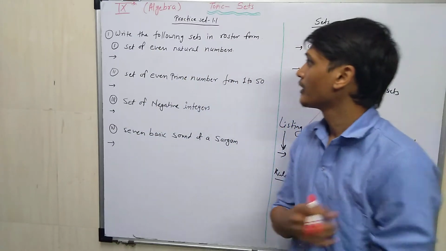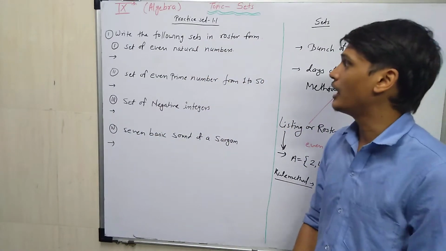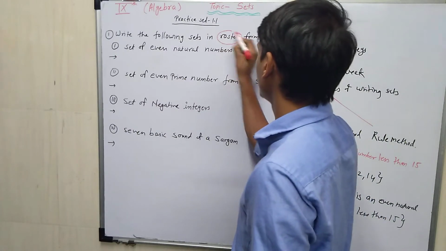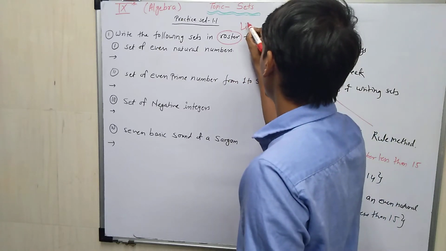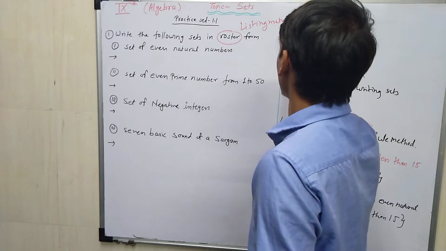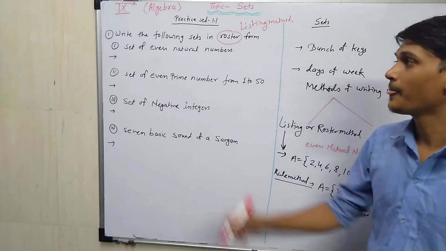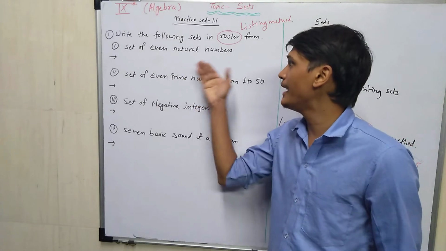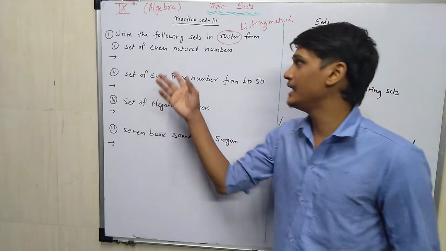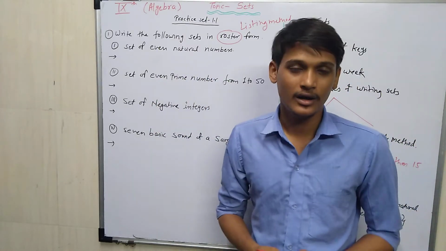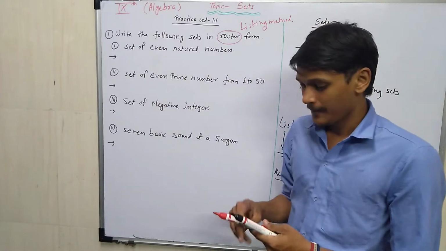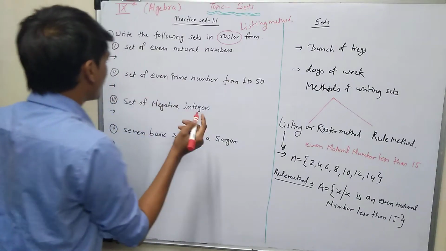The first question is: write the following sets in roster form. Roster form means the listing method. First question: set of even natural numbers. There are many even natural numbers.